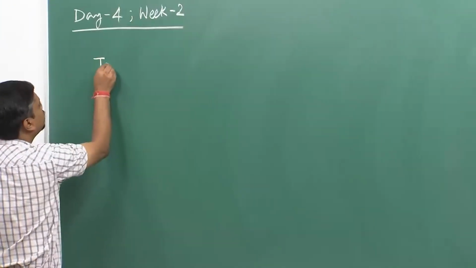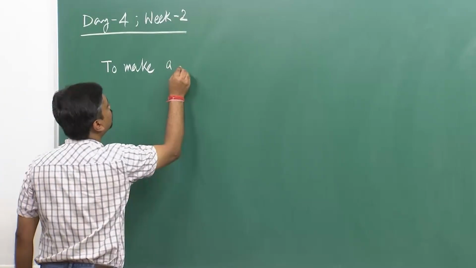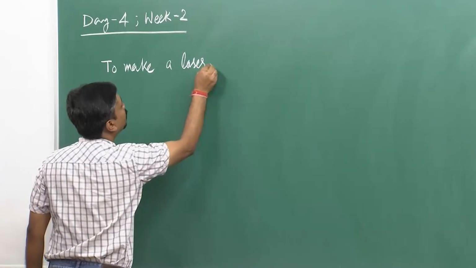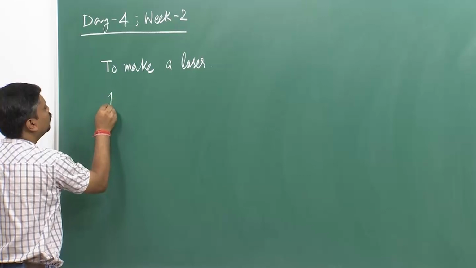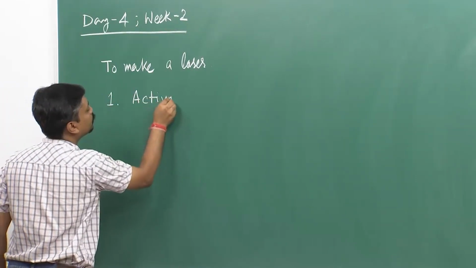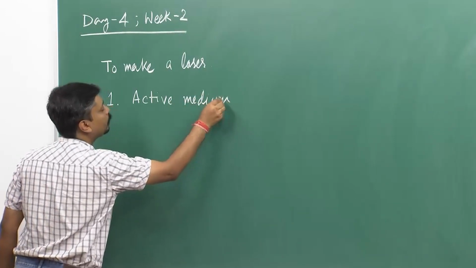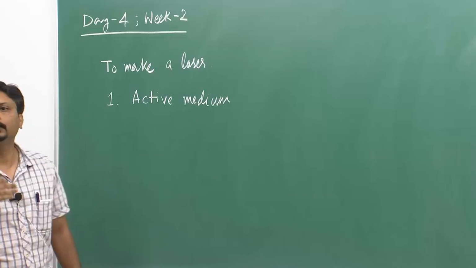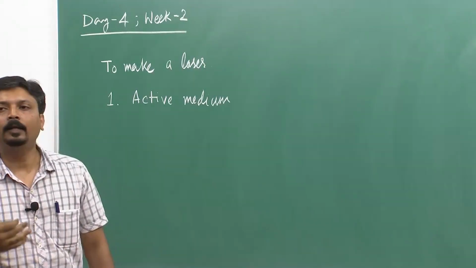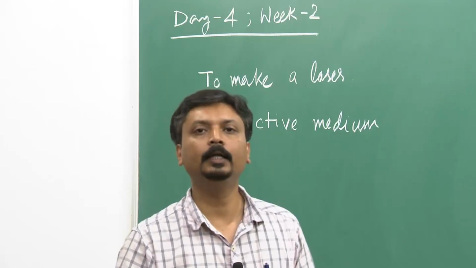To make a laser, we need, most important thing is the active medium. Your active medium is the one that can give rise to population inversion and hence laser action.